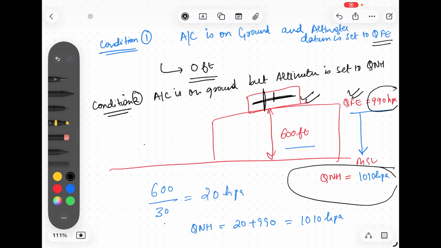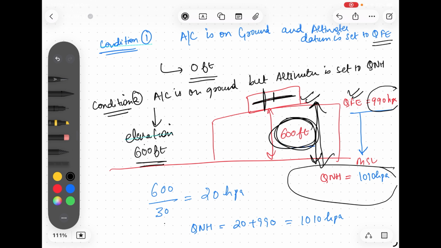So what will my altitude be? Now it will measure from here and that will be nothing but your elevation, that is 600 feet. It will measure this altitude, right, from QNH. So it would be 600 feet. So this is very important to understand.